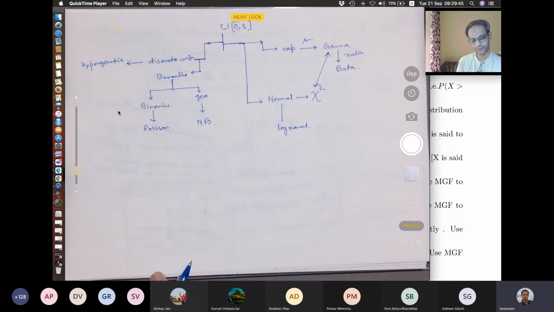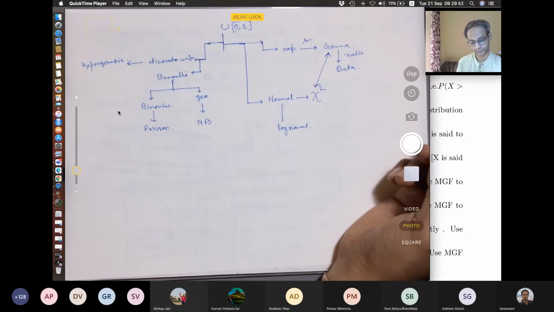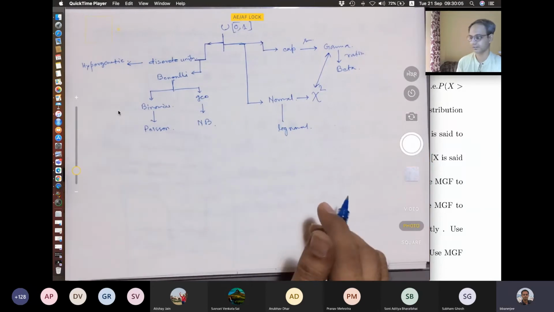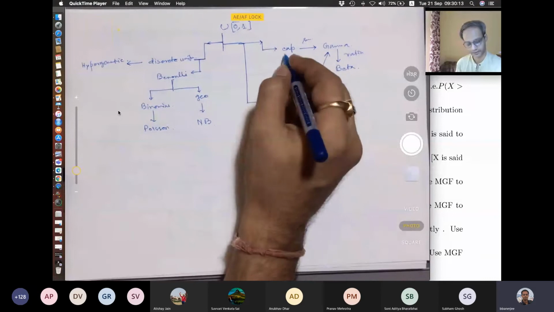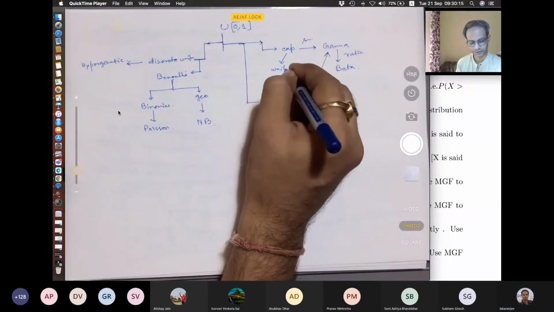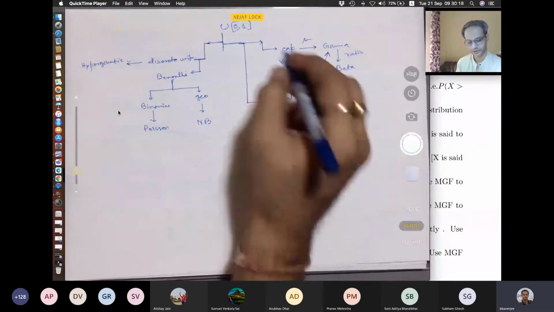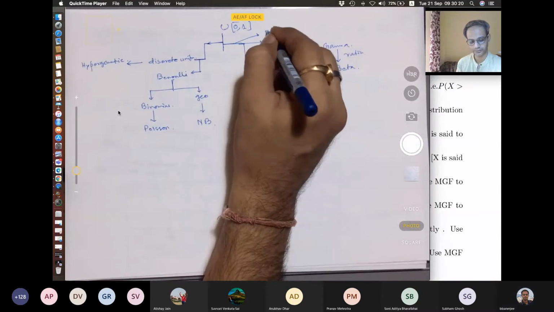Where will you place the Pareto and Weibull? From exponential you can go for Weibull, and from uniform directly you can go for Pareto.